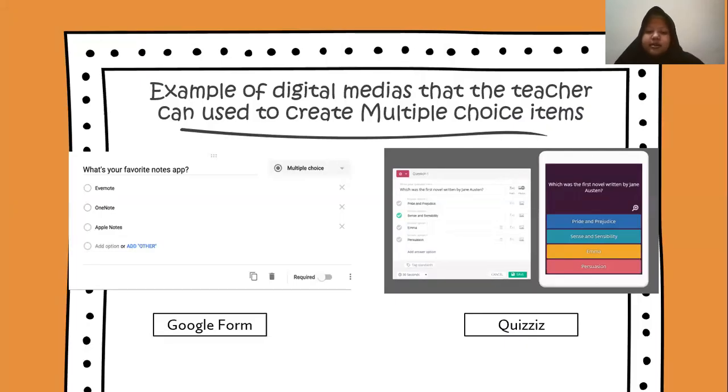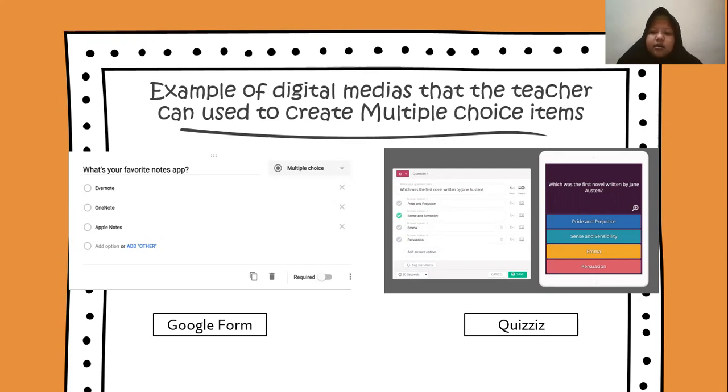And then since we are facing distance learning these days, it is hard for the teacher to distribute the multiple choice items to the students. And here is some instructional media that the teacher can use to distribute the multiple choice items to the students easily.